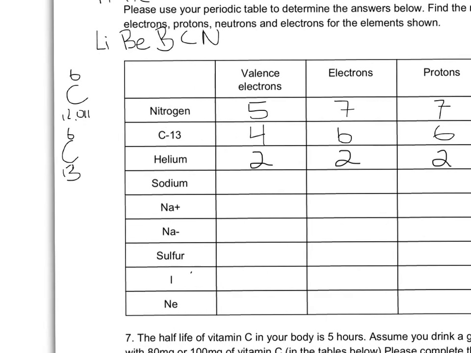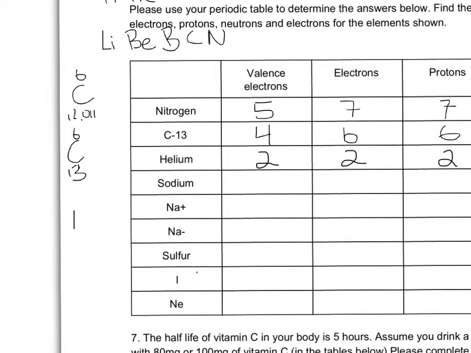Next up, sodium, Na. We have Na, 11, and 22.99. I'm going to round 22.99 to 23 just for ease of calculation. So valence electrons. Take a look at sodium. As we count in from the left, sodium is the first element. It has 1 valence electron in its outer shell.